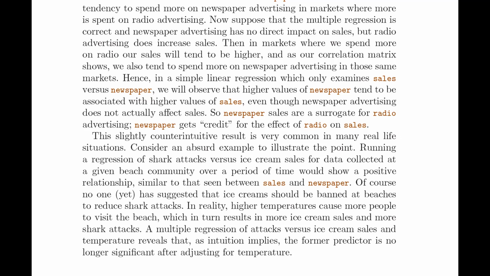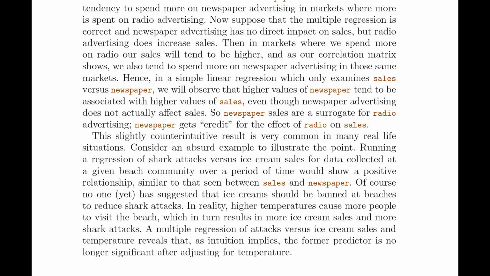Running a regression of shark attacks versus ice cream sales for data collected at a given beach community over a period of time would show a positive relationship similar to that seen between sales and newspaper. Of course, no one has suggested that ice creams should be banned at beaches to reduce shark attacks.